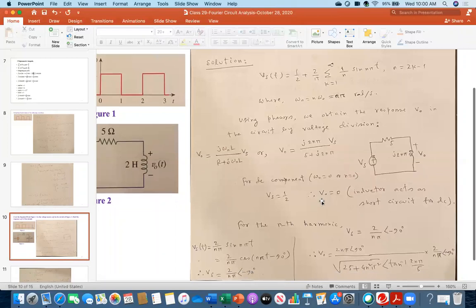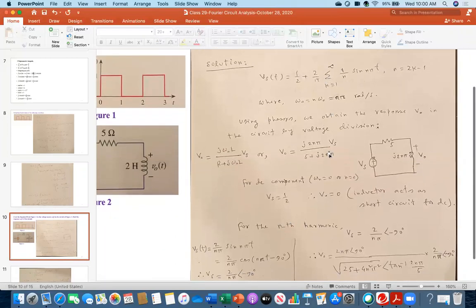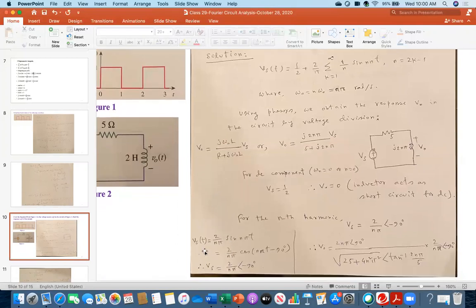Okay, now for the nth harmonic, there is the second term. Everybody see, this is your equation, V naught is this. Now what is your Vs? This term is your Vs, the second term. That thing I am writing here. First, my Vs(t) is 2 over n pi sine n pi t.